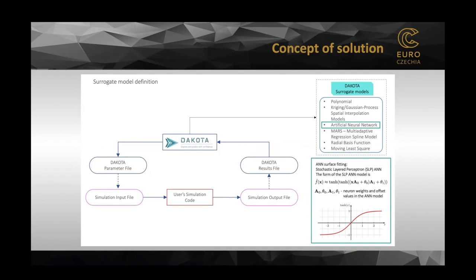The requirement is that they need a lot of data upfront, and from those data you create the surrogate model. You can use many algorithms: polynomial surrogate models, kriging, or artificial neural networks.